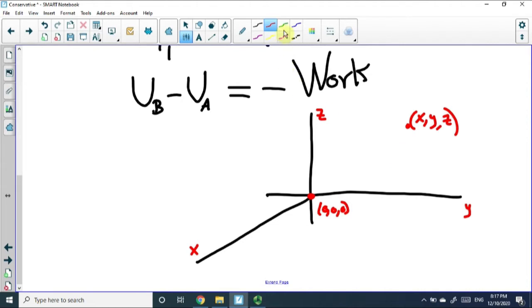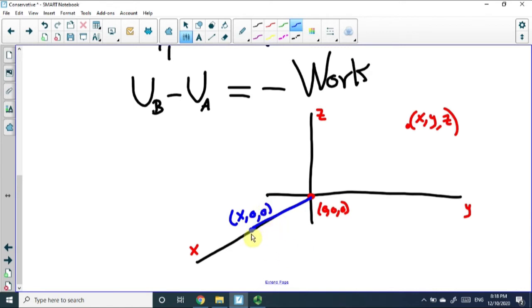In my opinion, the simplest path is the following. I'm going to start from the origin and move on the x-axis until I hit the point with coordinate x, which is the same as the final x coordinate that I want to reach. So this point I reached here has the coordinates x, 0, 0.